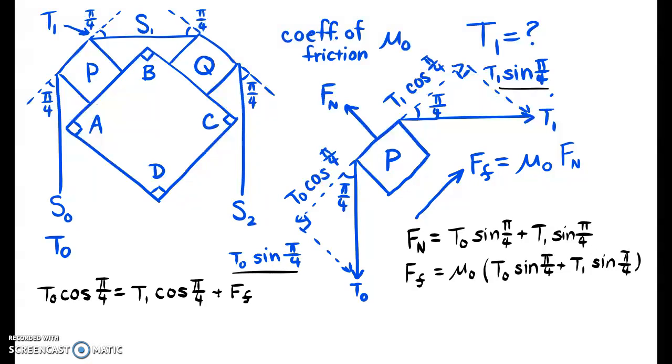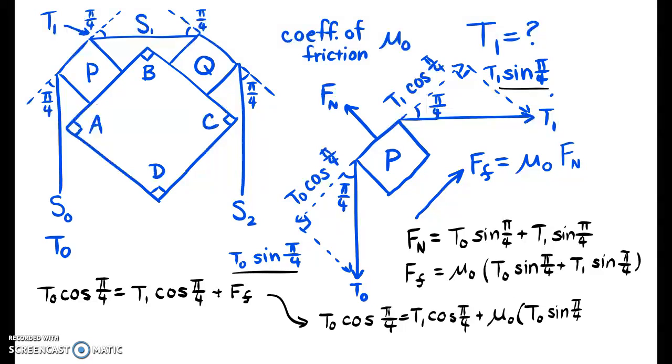So now we want to solve for T1. So we can plug in what we got the force of friction to be, so that we get T0 times cosine of pi over 4 is equal to T1 times cosine pi over 4 plus the force of friction, which we got in our step here above, namely mu 0 times T0 sine of pi over 4 plus T1 sine of pi over 4.